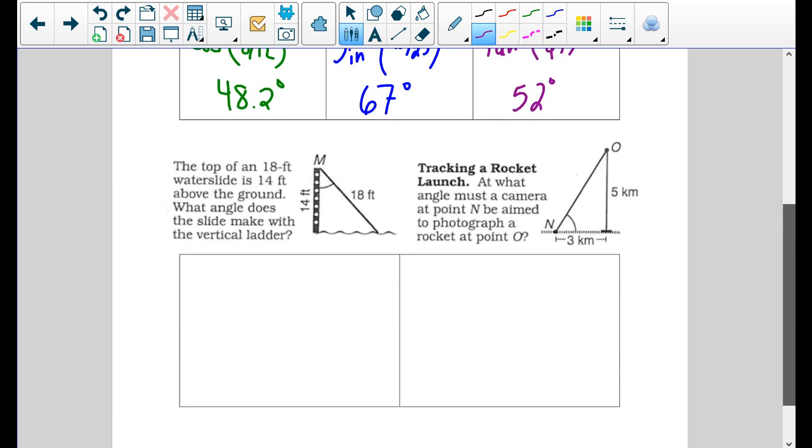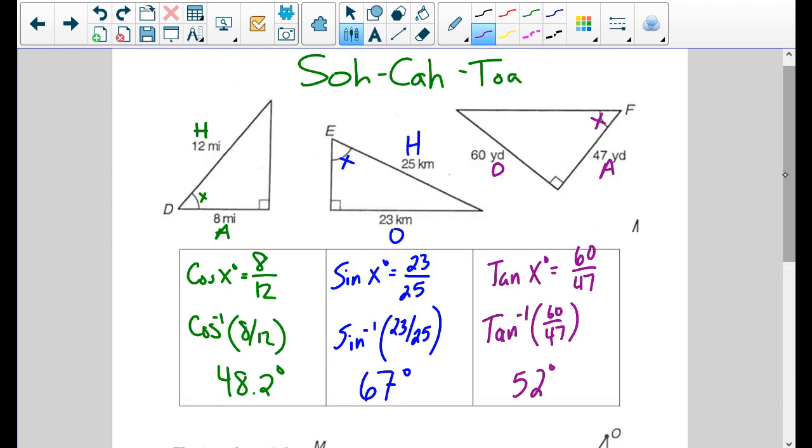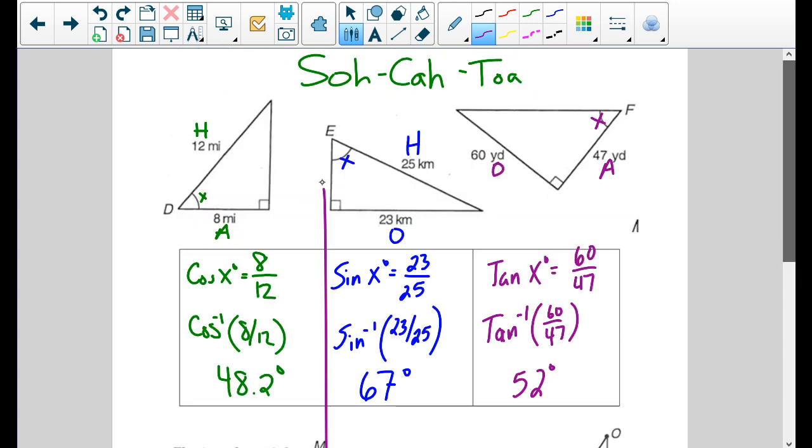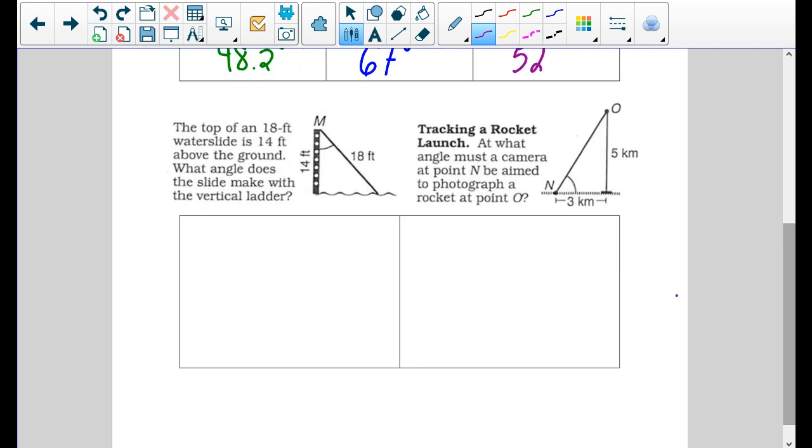It says the top of an 18-foot water slide is 14 feet above the ground. What angle does the slide make with the vertical ladder? So again, let's label this. So here's my angle that I'm trying to make, angle with the ladder. So we have 14 and 18.